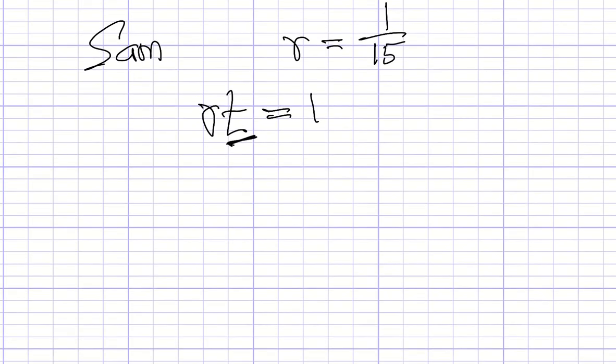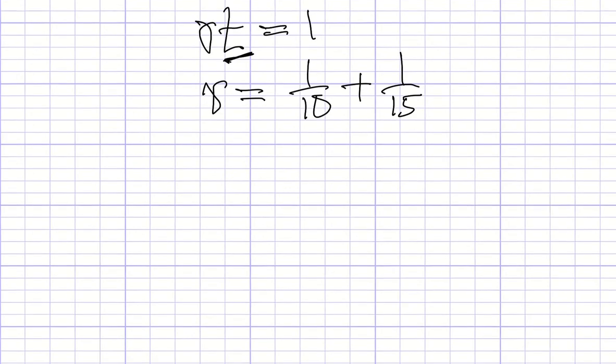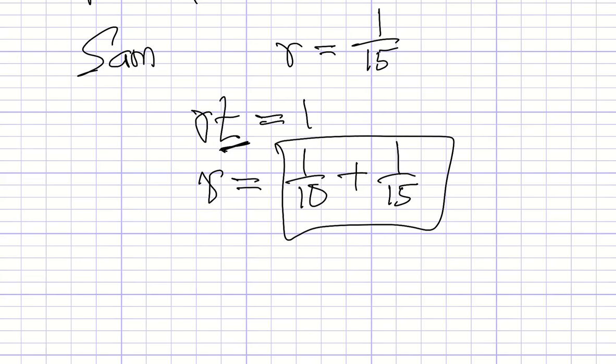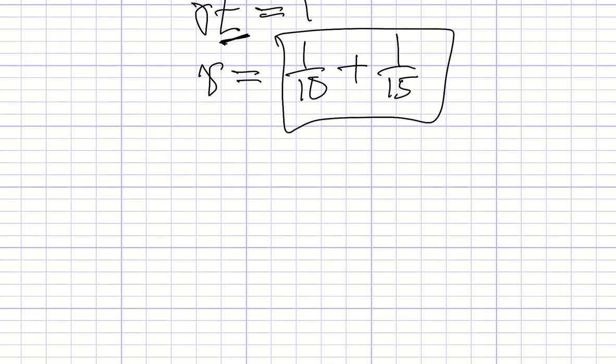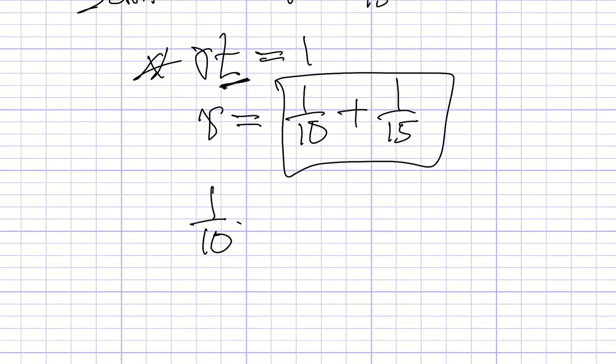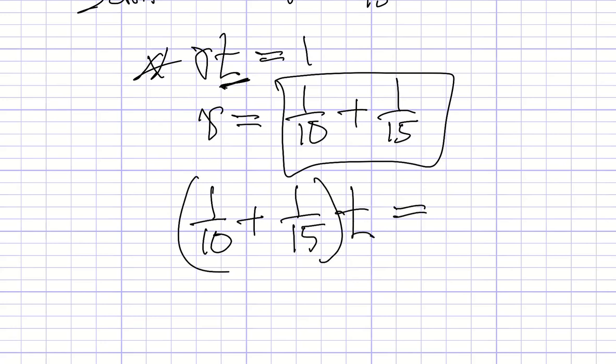If we combine their rates, the combined rate will be 1 over 10 plus 1 over 15, okay? So basically, 1 over 10 plus 1 over 15, times T, will finish one job.